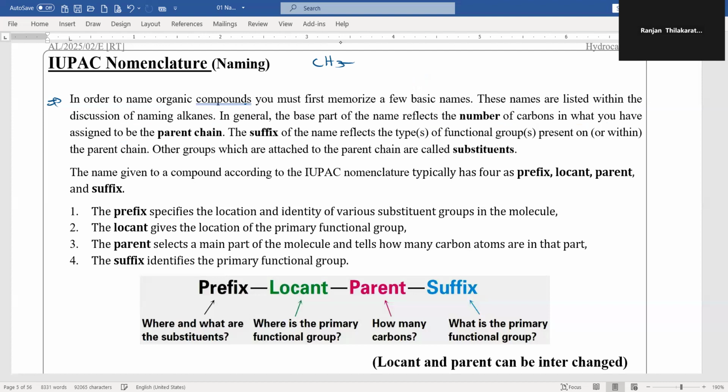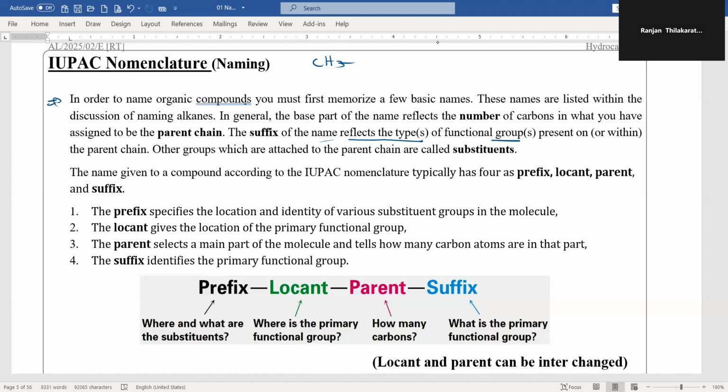Parent chain is the chain having the longest number of carbon atoms. First, we choose the longest chain, and call that the parent chain or the main chain. Then the suffix of the name reflects the type of the functional group.